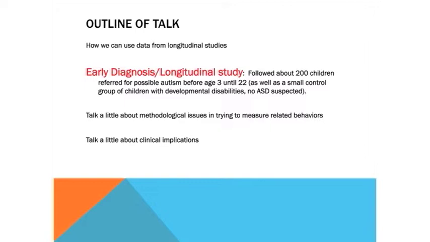All of these kids were the kids referred to 5 different TEACCH centers in North Carolina before age 3. So we were actually able to see every single kid that was referred into these programs. So it wasn't a hit or miss deal. And then we did the same thing over again in Chicago. So every kid that was referred to an autism clinic under age 3.